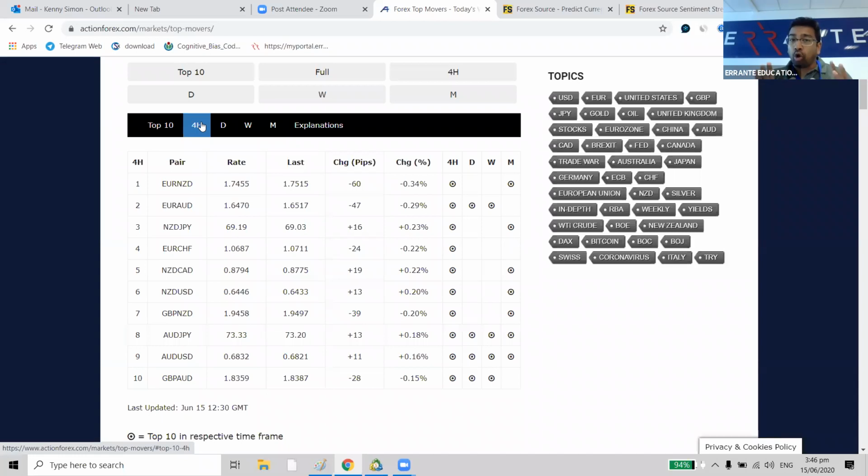In the time of COVID-19, like the coronavirus situation now, when you hear there's a lot of fear and the cases are coming up in certain countries, in the US or in Beijing itself, in China, then you know that the fear is coming in. If the fear is coming in, you need to think about safe haven currencies, because people start buying safe havens like the Japanese yen, the CHF, and gold as well.